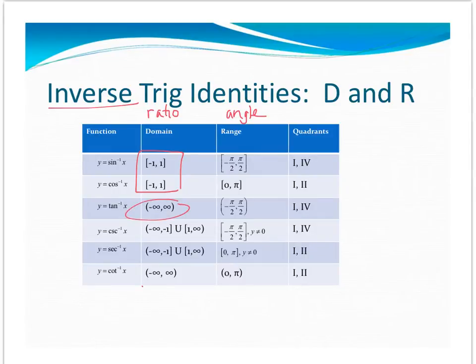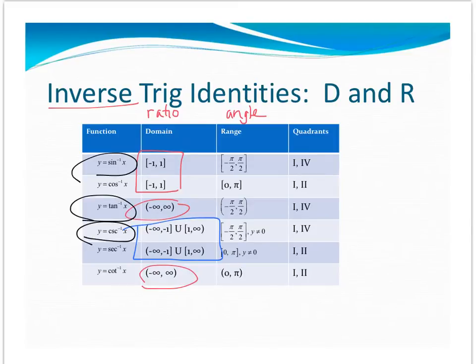Tangent and cotangent can be anything, and secant and cosecant are only greater than 1 or less than -1. Then when we look at our angle restrictions, we talked about how sine, its inverse, and tangent are all in quadrants 1 and 4.